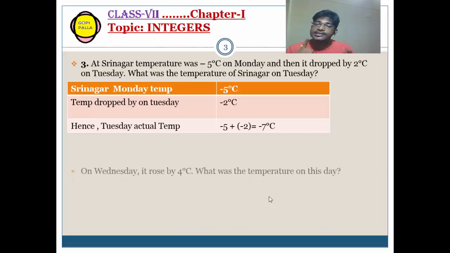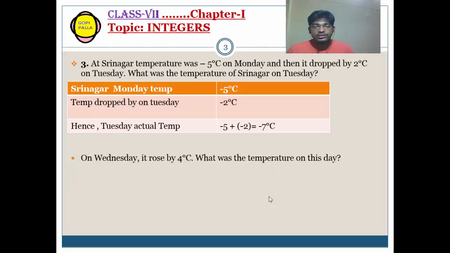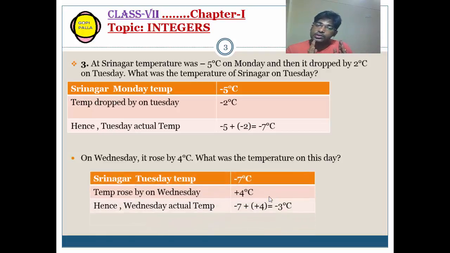There is a second part of the question also. On Wednesday, the next day, it rose by 4 degrees, and what was the temperature on this day? It has risen from Tuesday. Srinagar Tuesday temperature is -7 degrees centigrade.